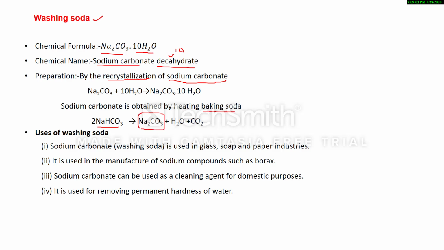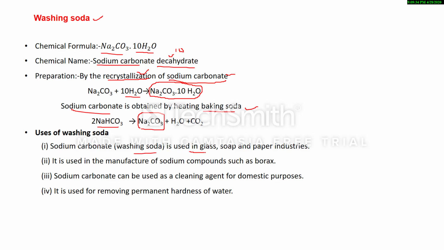When this Na2CO3 is again dissolved in water and recrystallized, 10 water molecules associate with Na2CO3 and we get Na2CO3.10H2O, which is washing soda. So in this way we can say it is prepared by recrystallization of sodium carbonate, and sodium carbonate is obtained by heating baking soda.